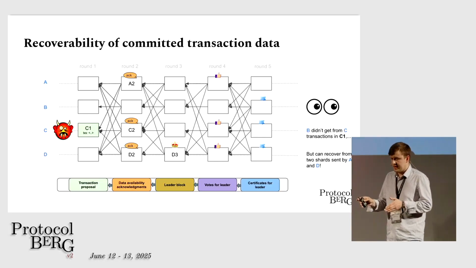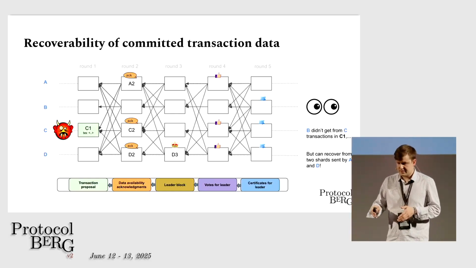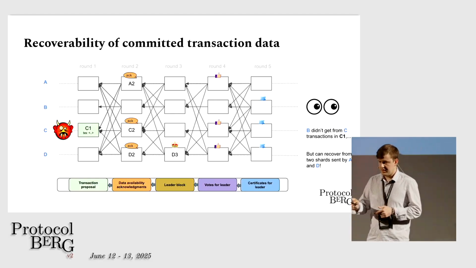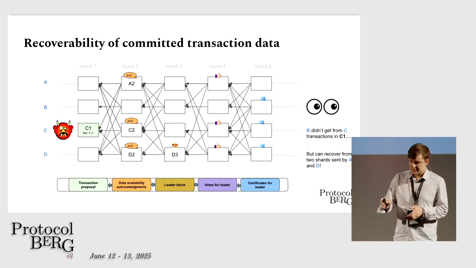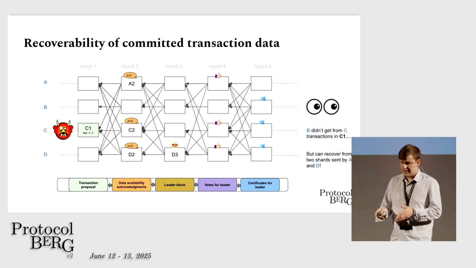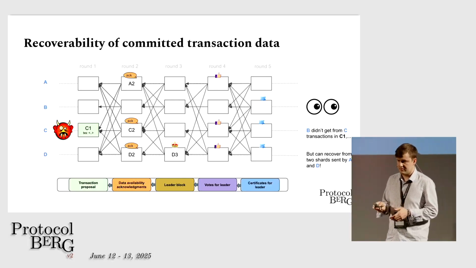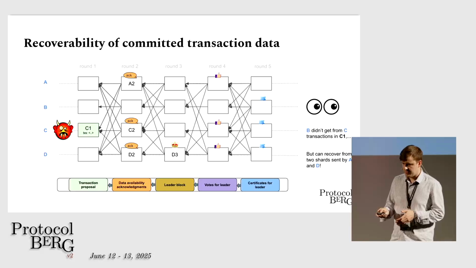In case C behaves dishonestly and does not provide the data to validator B, then B, if it sees from the DAG structure that transactions from block C1 should be sequenced, should have at least 2 shards sent by correct validators. That means validator B will be able to reconstruct the data.